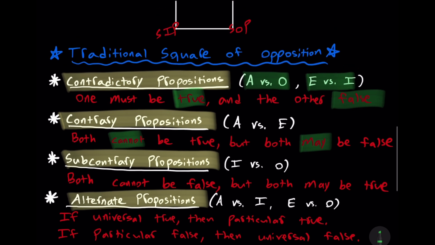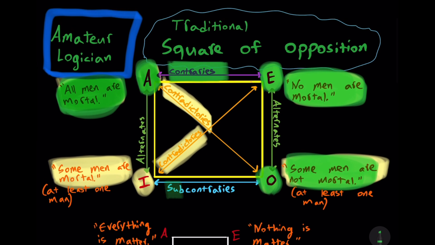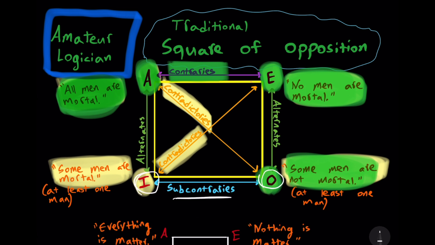Next, we have subcontrary propositions. And here we're thinking about I versus O in this case. So it's an opposition of quality with particular propositions. So take the propositions, some men are mortal, some men are not mortal.